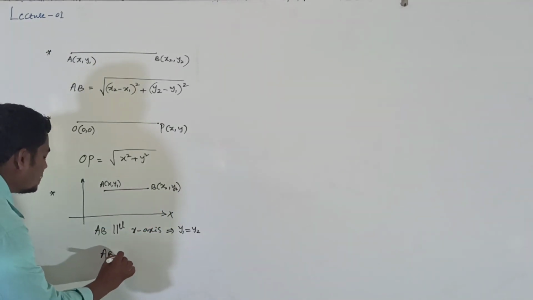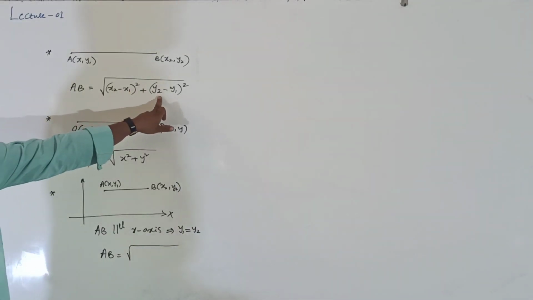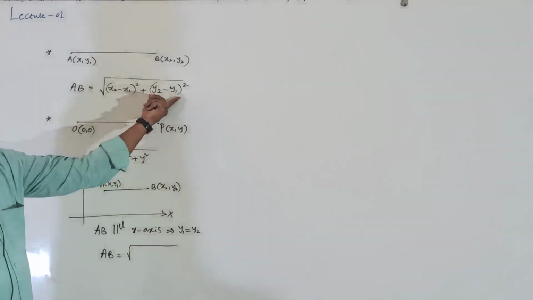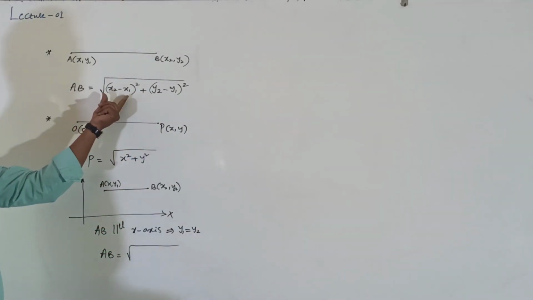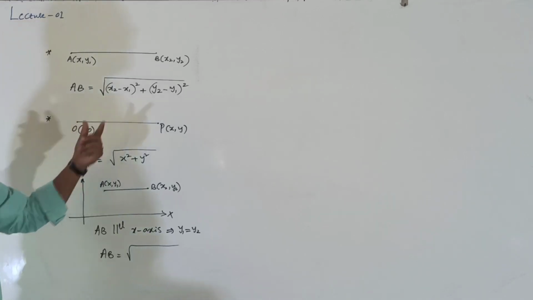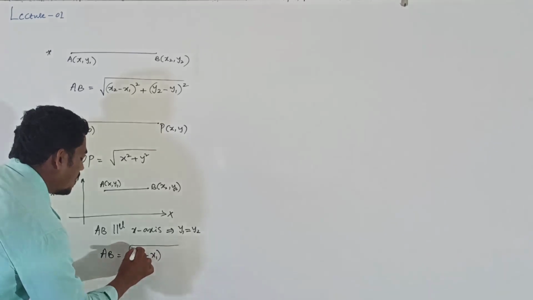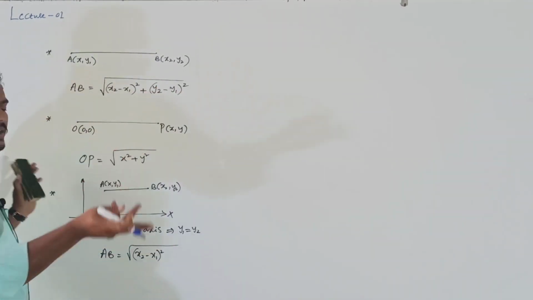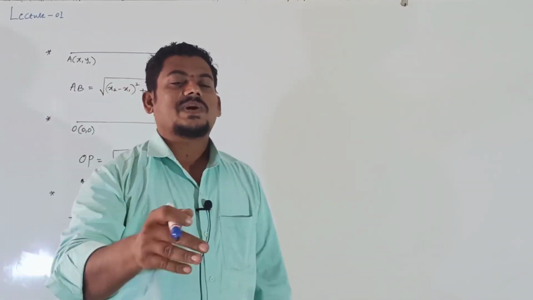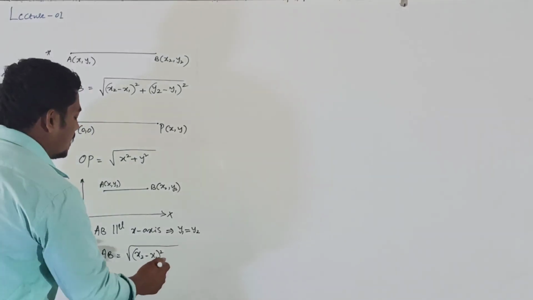Then AB distance equal to, just look at this formula. In this case what happens? Y1 value is equal to y2 value, means this term becomes 0, right? AB is equal to square root of (x2 minus x1) whole square plus usually (y2 minus y1) whole square, but in this case y1 value is same as y2 value, means their difference should be 0.